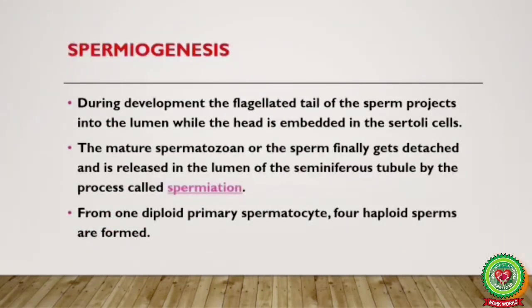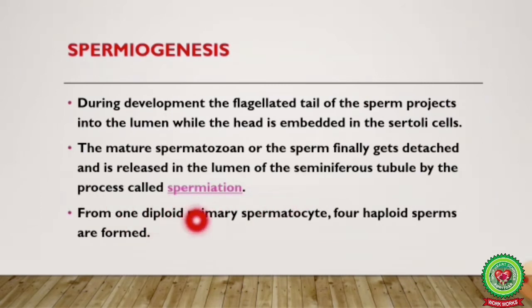Now here is the process of spermiogenesis, which is differentiating the spermatid nucleus into the sperm. During development, the flagellated tail of the sperm projects into the lumen, while the head is embedded in the Sertoli cells for nourishment. The mature spermatozoa or sperm finally gets detached and is released into the lumen of the seminiferous tubule by the process called spermiation.